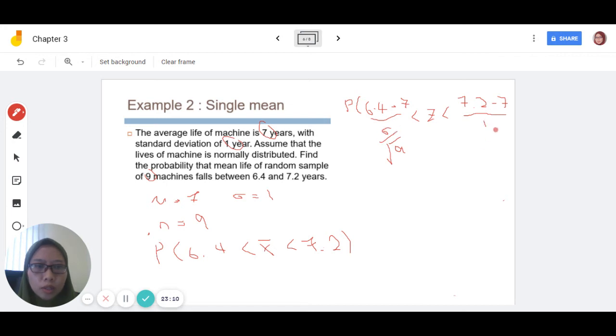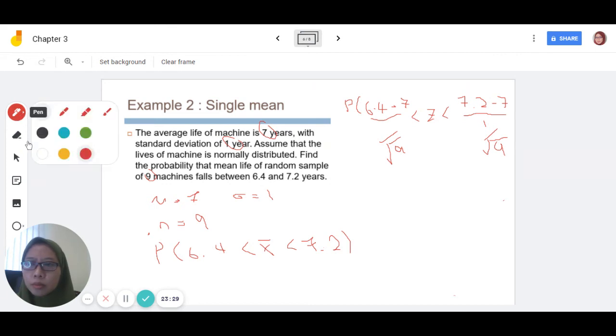So this is 1 divided by square root of 9. Standard deviation divided by square root of n.